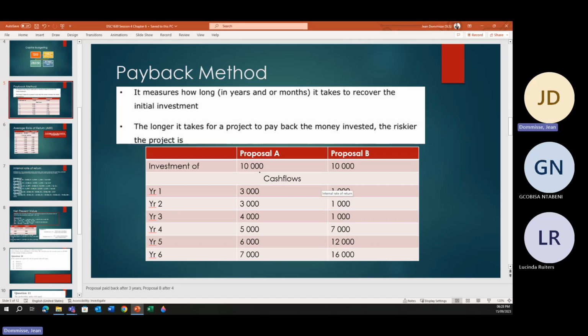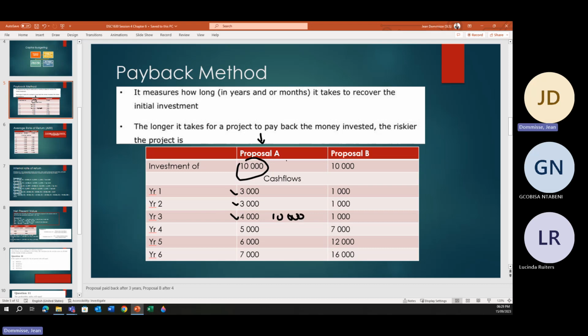It is as straightforward as saying, okay, well, I started with 10,000 in proposal A. After a year, there's 3,000 paid back. After 2 years, it's 6,000. So after 3 years, my 10,000 is covered.